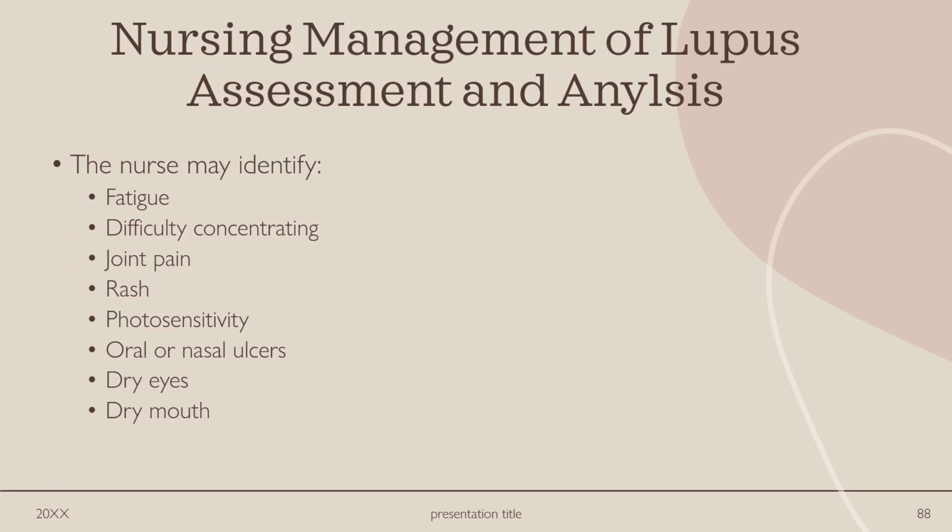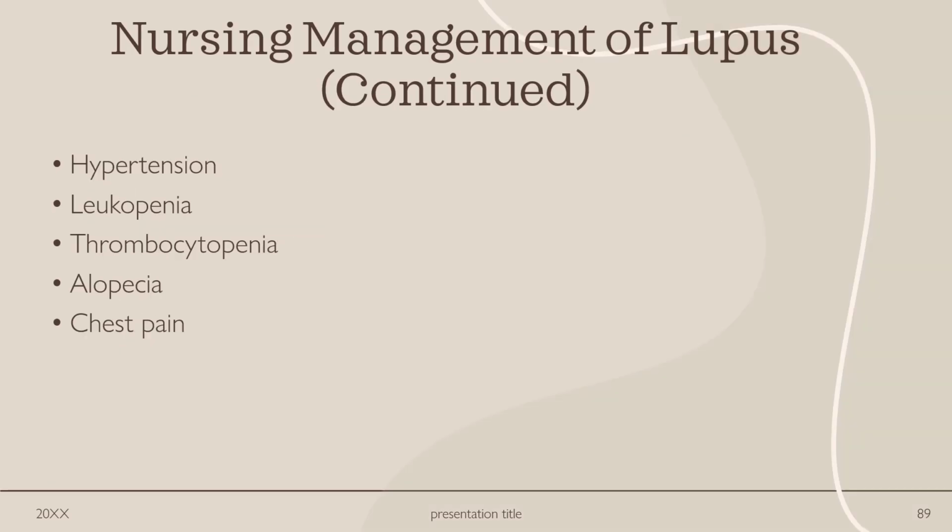So, nursing management of lupus, the assessment, this is the nursing care plan. The nurse may identify fatigue, difficulty concentrating, joint pain, the rash, again, the malar rash over the bridge of the nose and into the cheeks, photosensitivity, oral or nasal ulcers, dry eyes, dry mouth, hypertension, leukopenia, thrombocytopenia, alopecia.